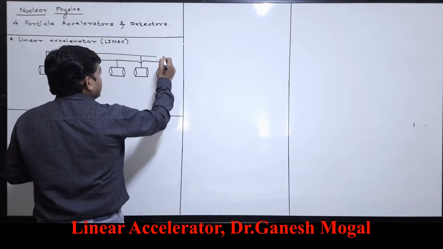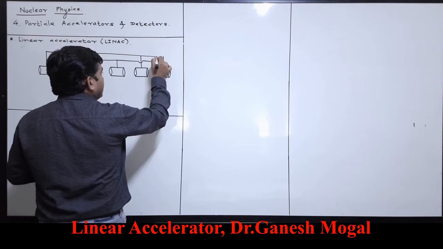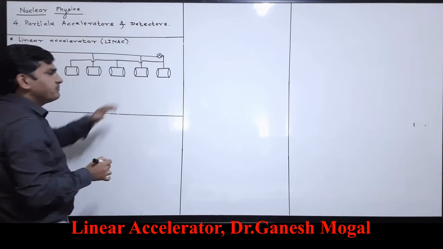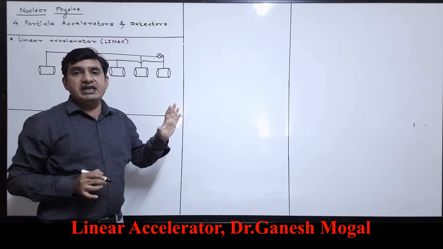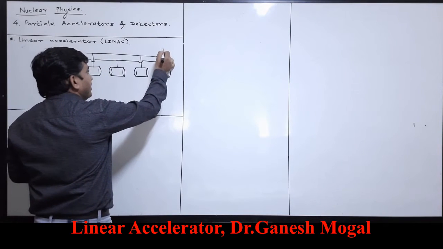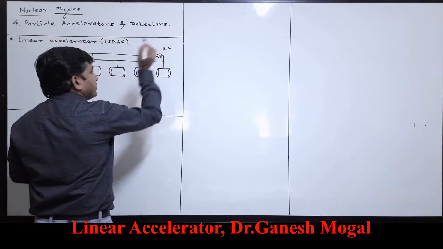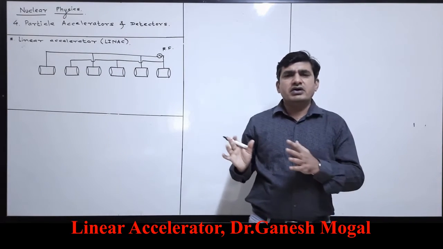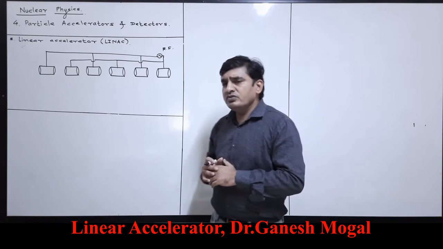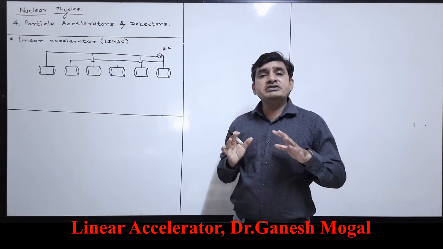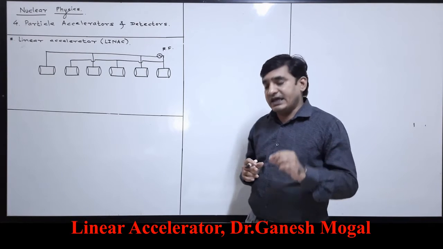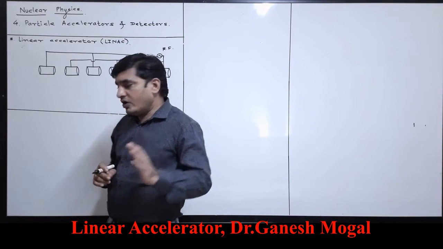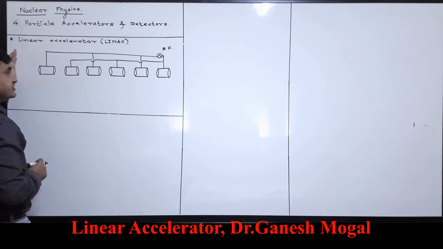Now, the alternating potential is applied across these odd and even number of electrodes. So here we apply the alternating potential, or we can say that this is simply an RF oscillator. Now the ion source is kept at one end of the electrodes, toward the left side.